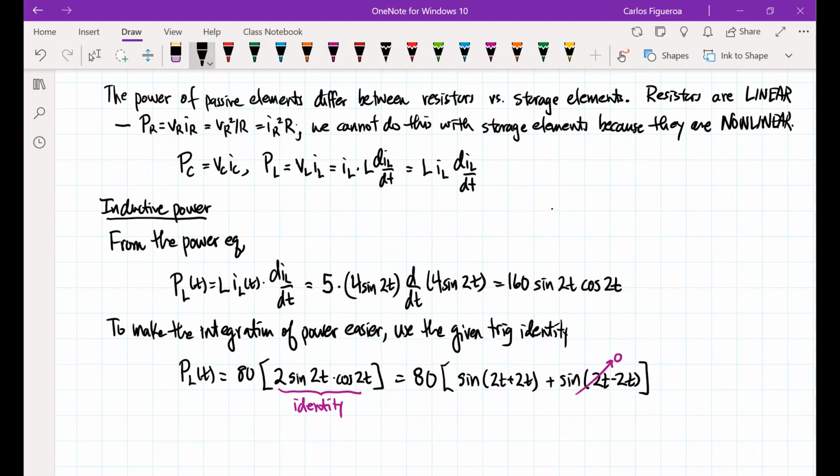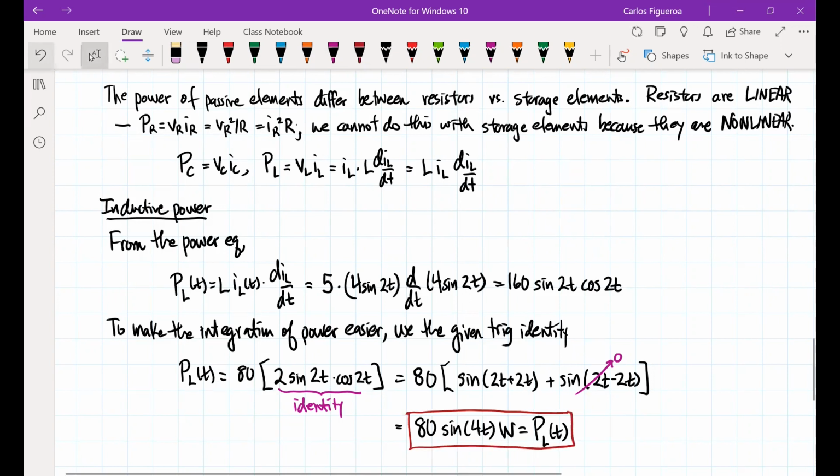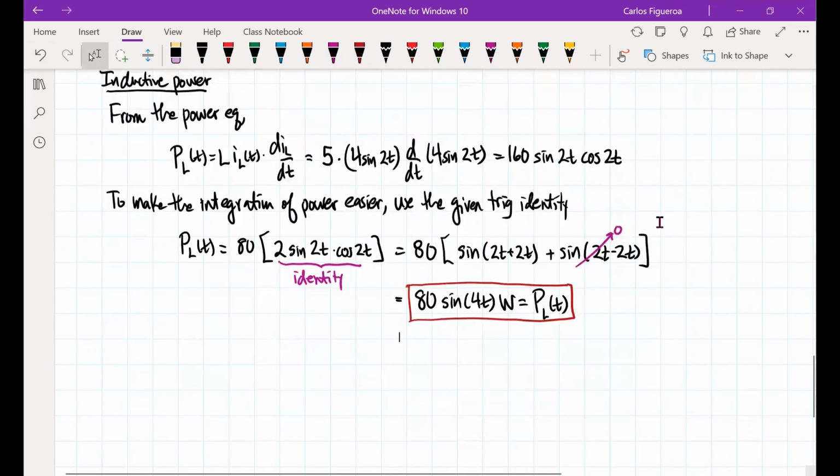So that means I can now write my power equation as 80 sin 4t, in units of watts, the power as a function of time. To get the inductive energy, I just have to integrate this.